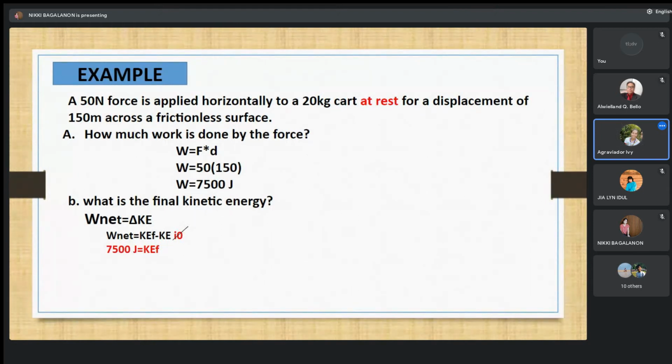A 20 kg cart at rest is pushed for a displacement of 150 meters across a surface with friction.